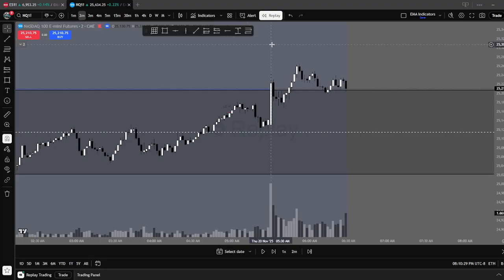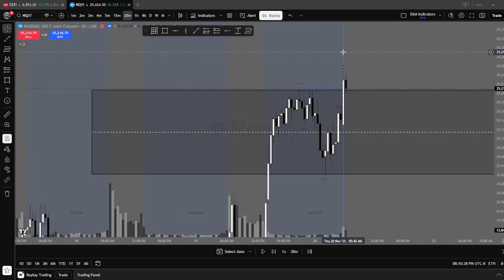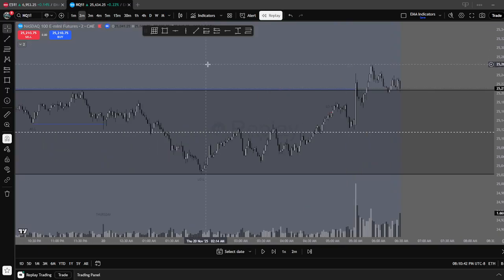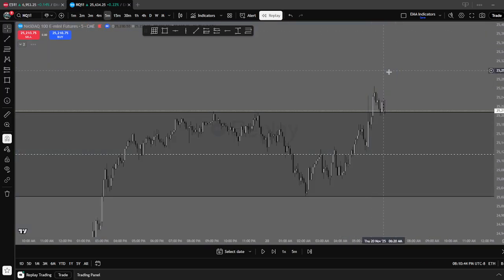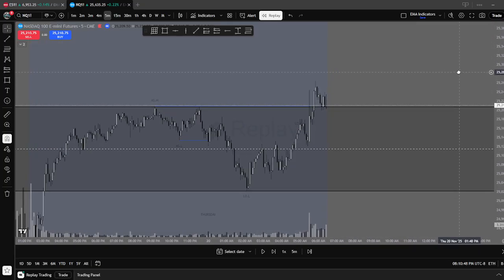Do we call that 5:30 manipulation? I think we kind of do. But it looks like we're experiencing our consolidation here.